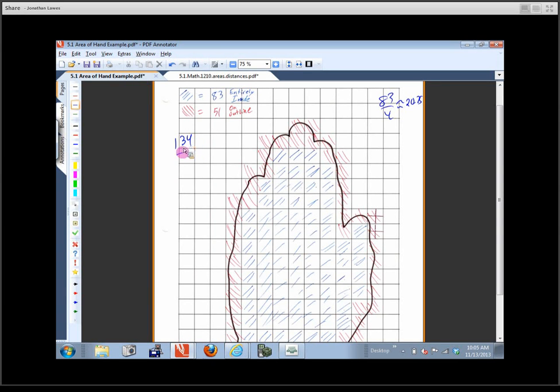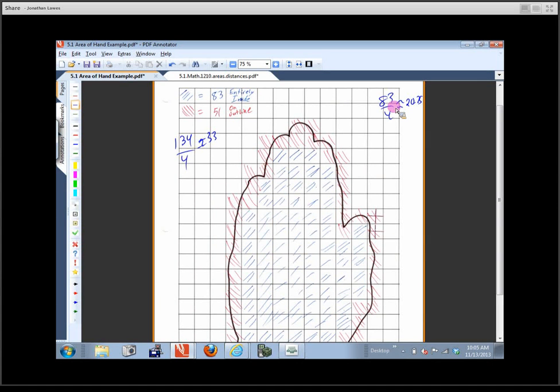If I divide that by 4, that would be about 33 square inches. So there's a pretty big discrepancy. This is an overestimate for the area of my hand, and this is an underestimate, so it's probably somewhere between there.